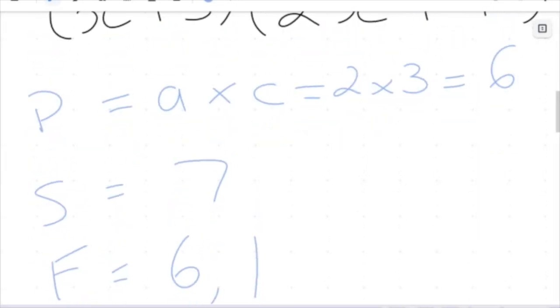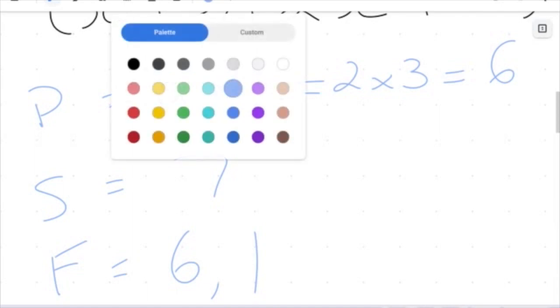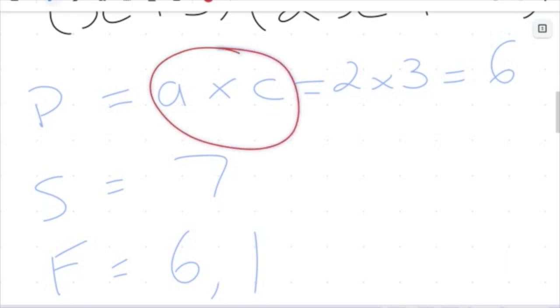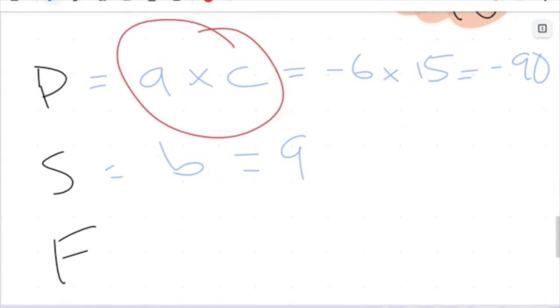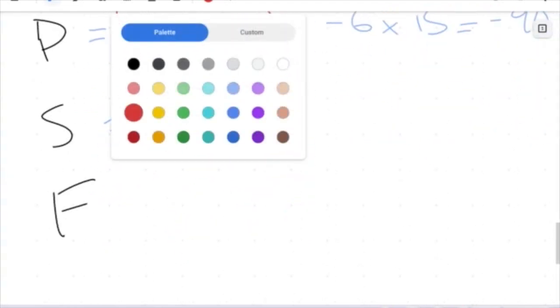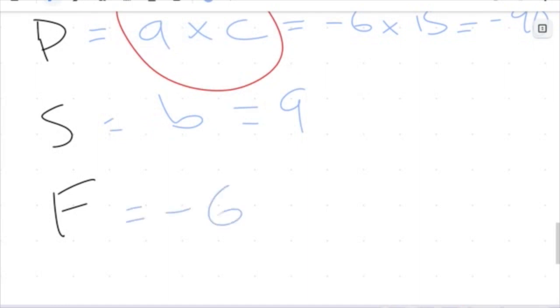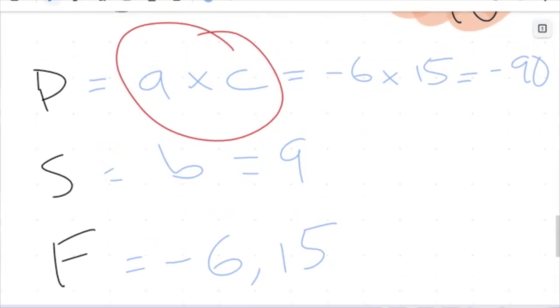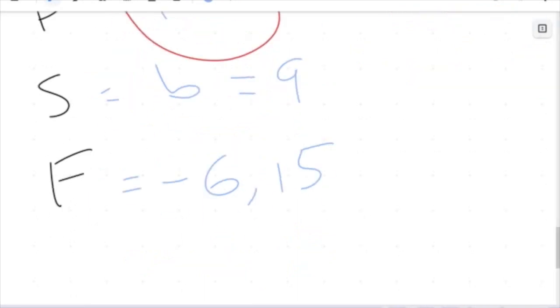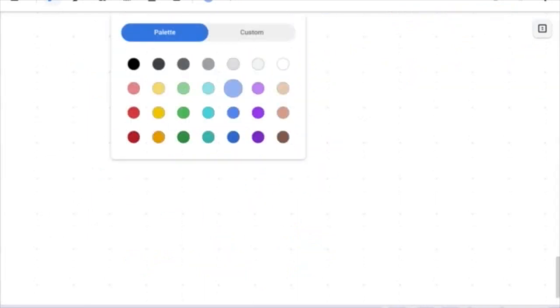And my factors multiply to give me the product of A and C. That is a pattern that happens in both of my examples. Now here, for example, the factors were -6 and +15. Two numbers that multiply to give me -90, the product of A and C, and add to give me B, the coefficient 9 before the X. So that's something that I can take with me for the next question and see if this works.